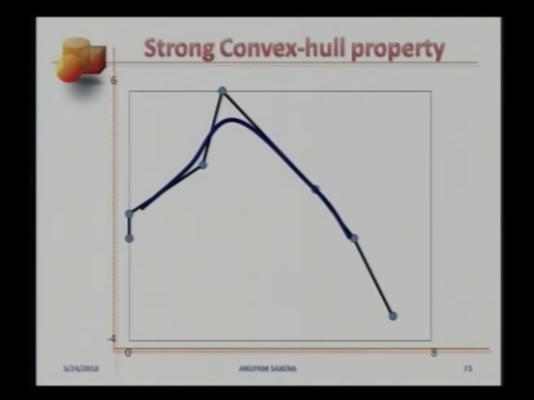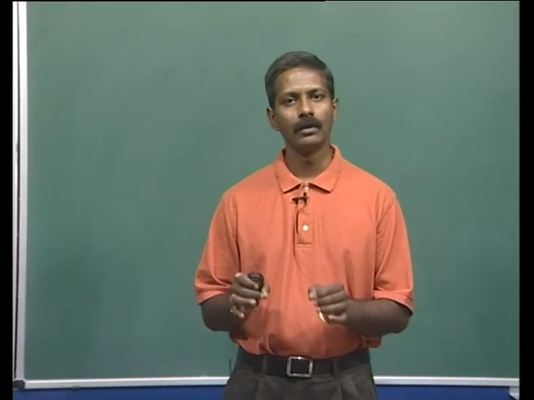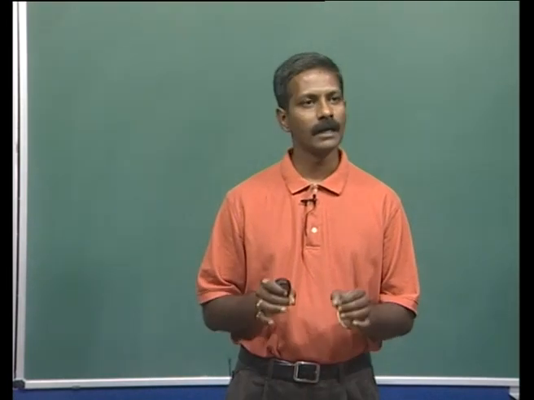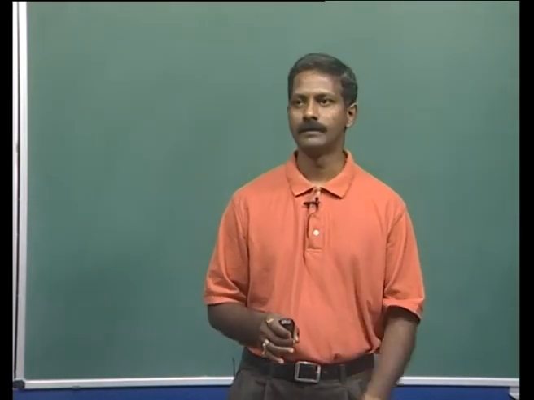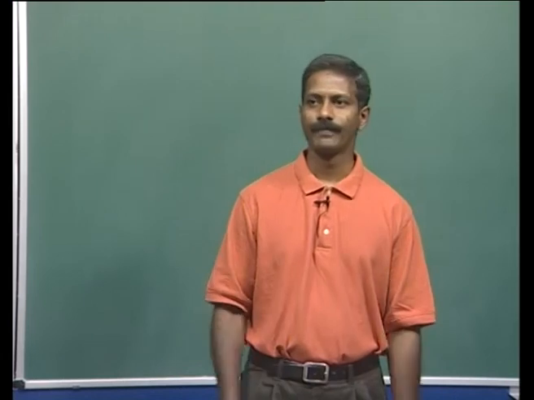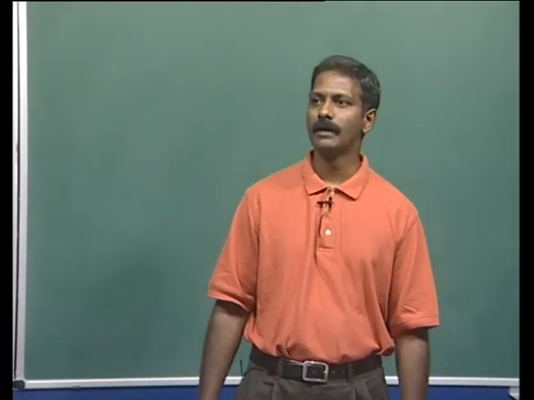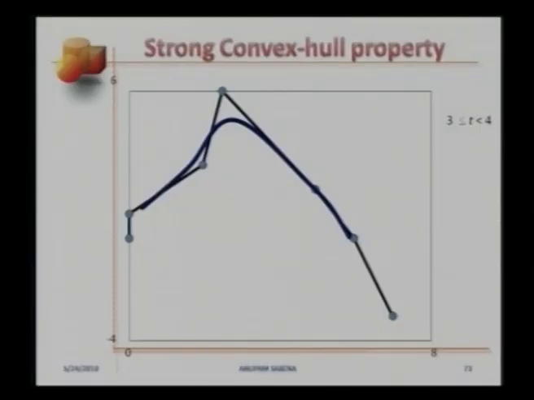This was of degree 3 or order 4. So in a sense, you could have chosen 4 control points and considered a local convex hull defined by them. For example, for values of t in between 3 and 4, here values of 3 and 4 pertained to a particular knot span.